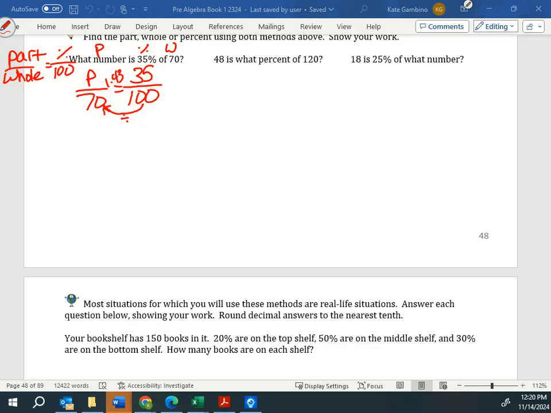We can't just assume. I see where you were coming from, and I'm glad this happened, because it's helping us learn. We can't just assume we know what it is. 100 divided by 70 is 1.43. So what do you think we have to do to find the P now? How do we find that part?